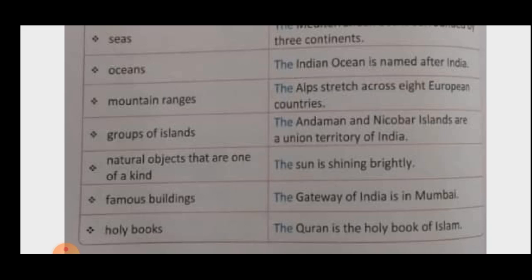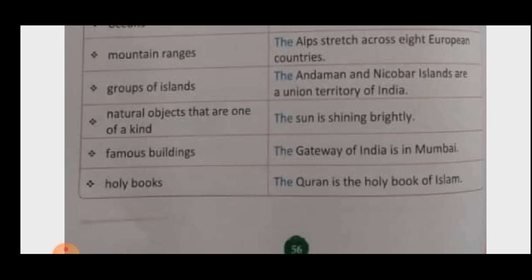Next, natural objects that are one of a kind. You cannot find any other object just like that. It is only one in the whole universe. For that we will use the. The sun is shining brightly. Here you can see sun is only one. So for that we will use the. Famous buildings.